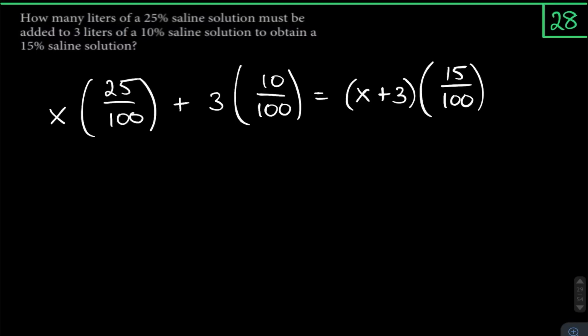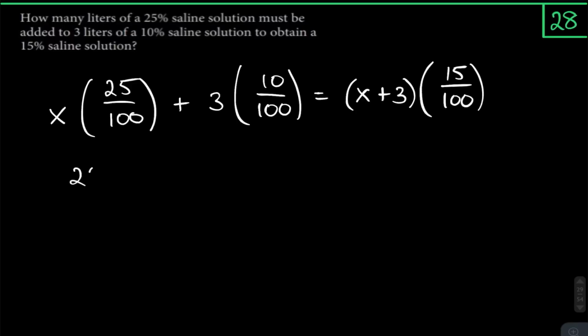So now what we do, we have 100 in the denominator everywhere here. So really that can just go away. This X can be put up in the numerator here, and so could the 3. It really doesn't matter. You could think about it as multiplying by 100 on both sides.